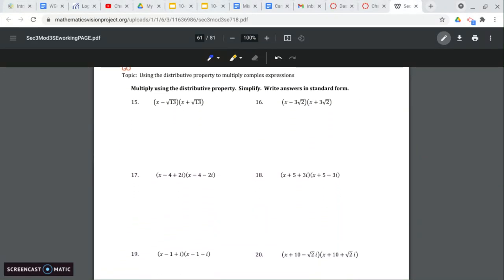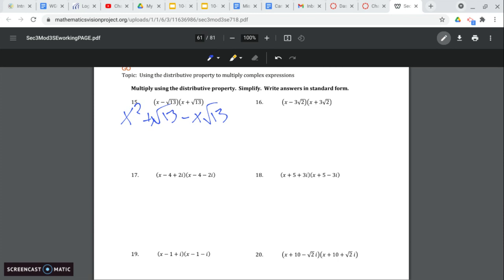All right, here we are multiplying using the distributive property. If we take x times x, we're going to get x squared. If we take x times root 13, we get x root 13. Negative root 13 times x will give us a negative x root 13.